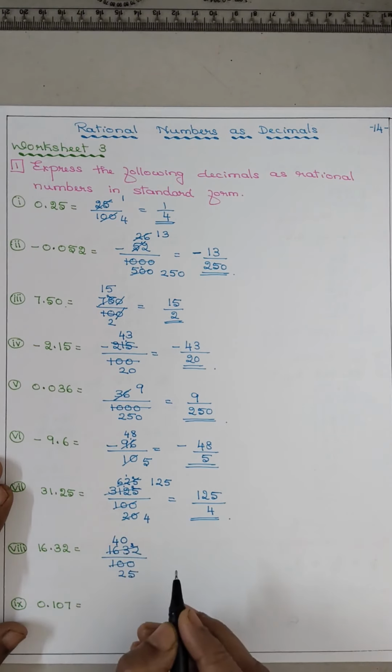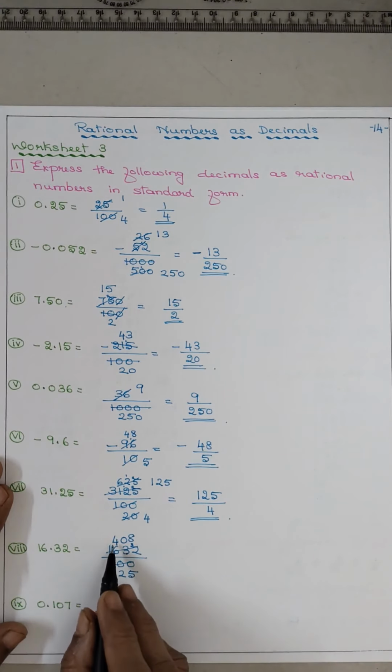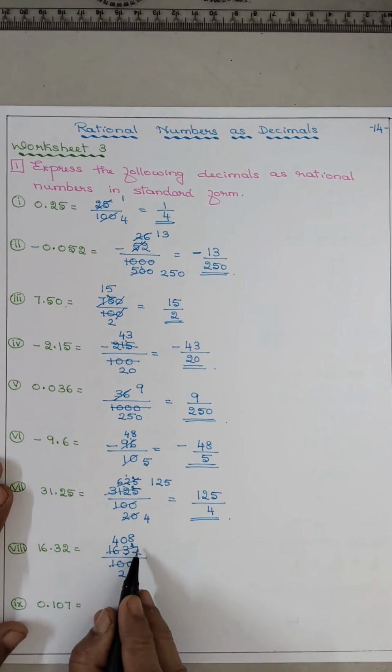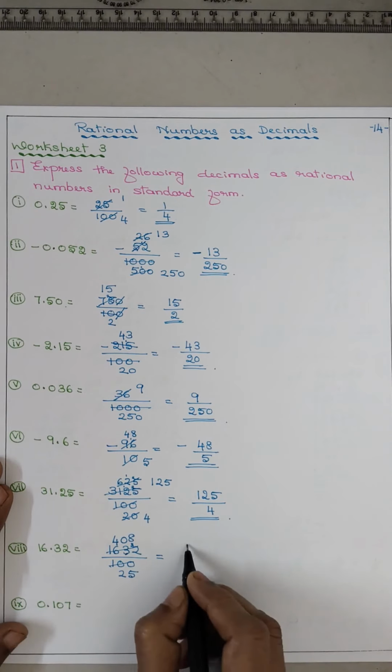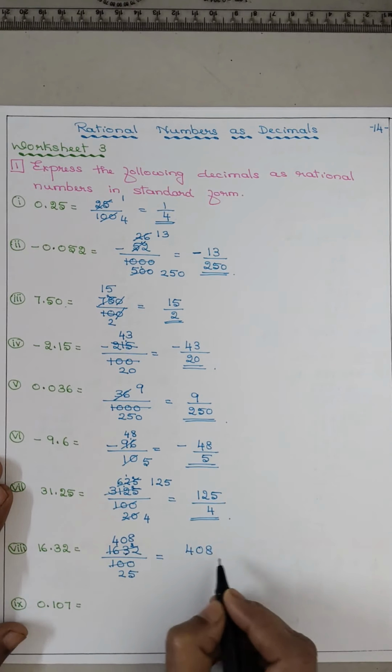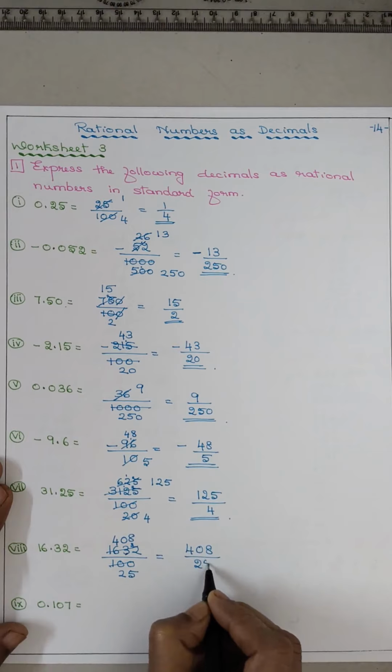Now 3 and 2, 8s are... So 4 4s are 16, 4 0s are 0, and 3 remains. Take that 3 to the next digit, 3 to 32, 4 8s are 32. So that is why it is 408 upon 25.